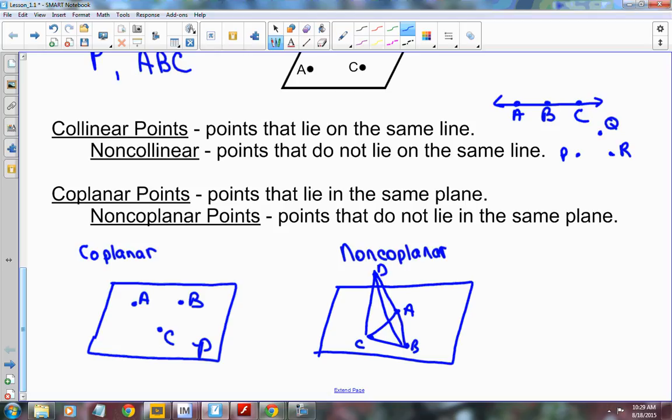This point up here is in a different plane than these, because all of these lie on this big plane Q. This is a triangular pyramid like I tried to draw. Here's A, B, and C, and then we've got D that's up here. So collectively, those 4 points are considered non-coplanar. Okay?